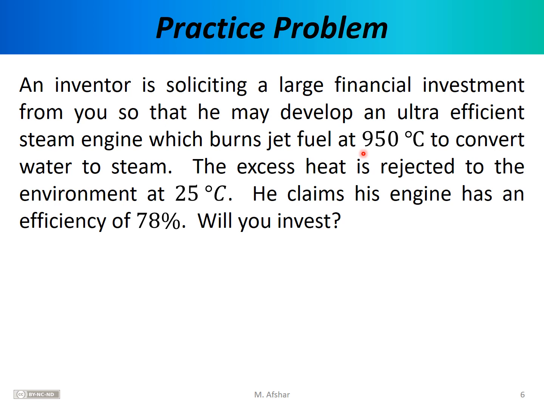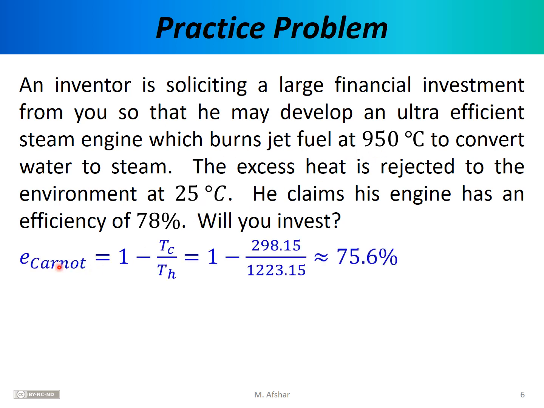Thermal energy is going to enter the working substance, we'll get an output of work, and some thermal energy will then be rejected or output to a cold reservoir. In this case, the cold reservoir is the environment at 25 Celsius. So now imagine you have a Carnot cycle operating between the same high and low temperatures. We know that the efficiency of a Carnot engine is equal to 1 minus Tc over Th.